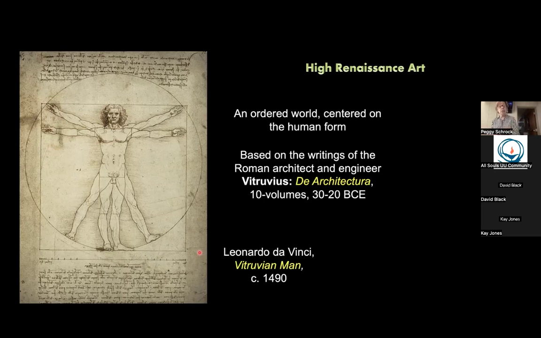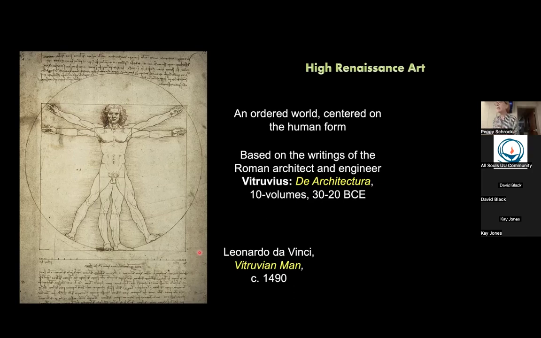Now, this drawing was such an important demonstration because it is the perfection of the human form. Perfect forms for Vitruvius and the Renaissance are the circle and the square, the perfect geometry of them. And what Leonardo is showing us is that not coincidentally, the human body can be perfectly inscribed in the perfect circle and the perfect square.